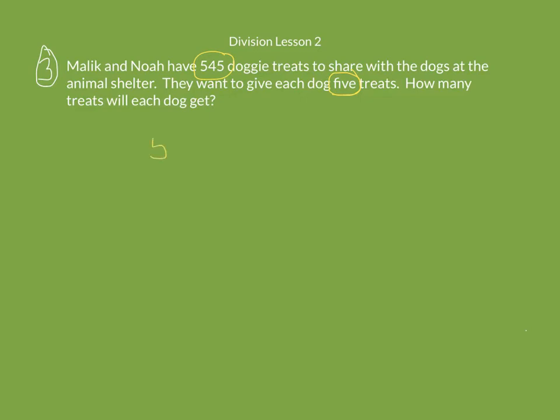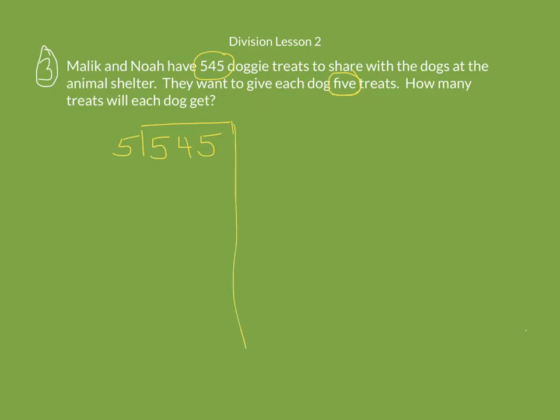So that surely is a division problem. So 545, and we're going to have groups of 5. So again, our largest place value is hundreds. And so we're going to see if we can make 100 groups of 5. And we sure can. But I'm going to straighten out this line first because that's really crooked.